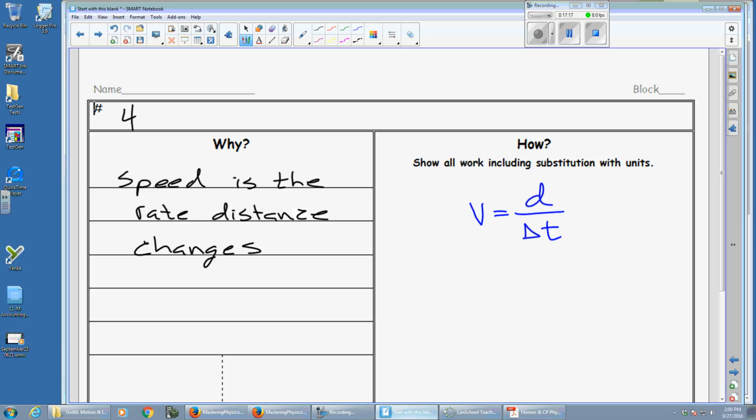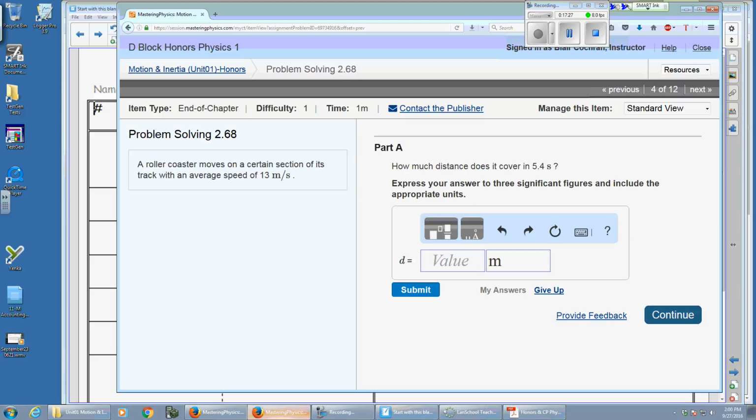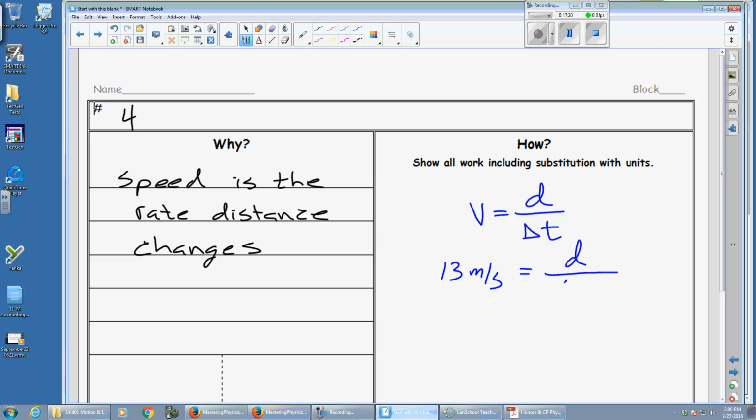And I know that mine moves at 13 meters per second. I don't know what distance it covers, but I know it travels for 5.4 seconds. And then just solve for distance.